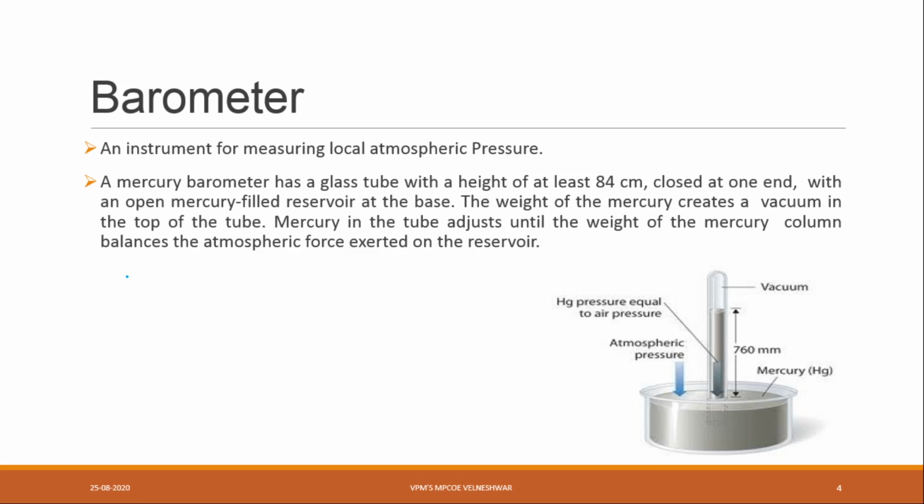It is how much pressure there is in our surroundings. Here we have to take one glass tube, with a height of at least 84 centimeters, closed at one end and open at the other, with an open mercury-filled reservoir at the base.